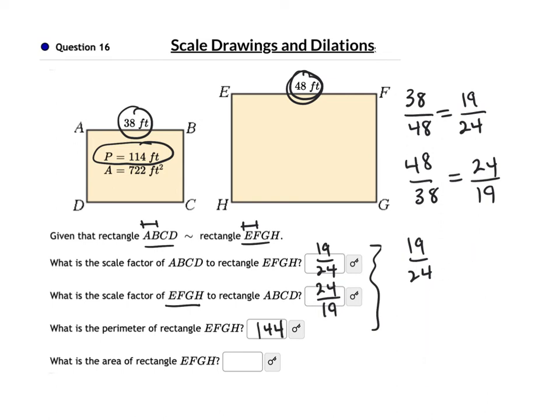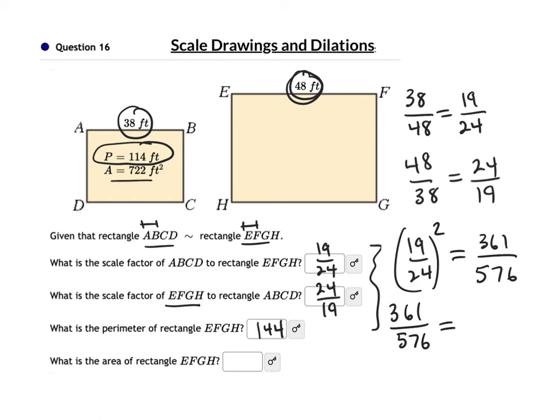To find the ratio of the areas, we take that scale factor and square it. 19 squared is 361. 24 squared is 576. And we use that, 361 over 576.